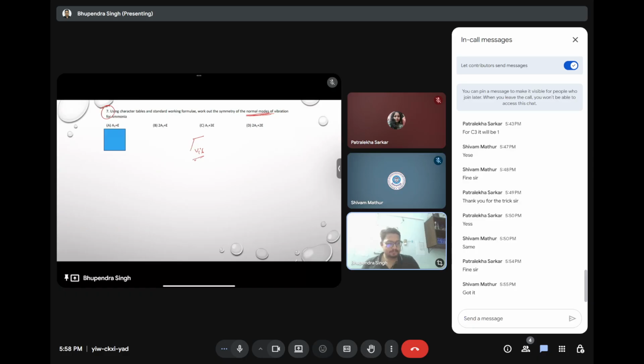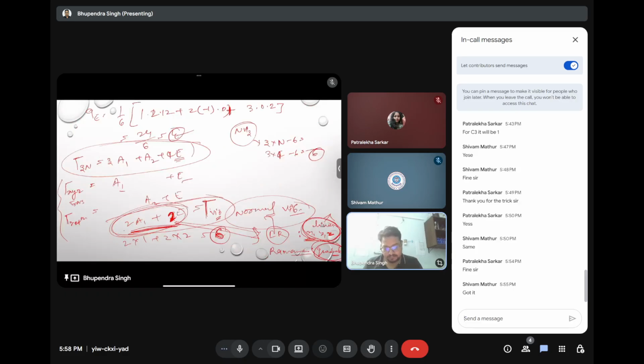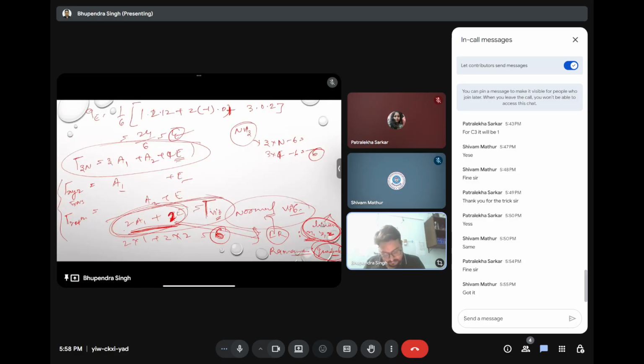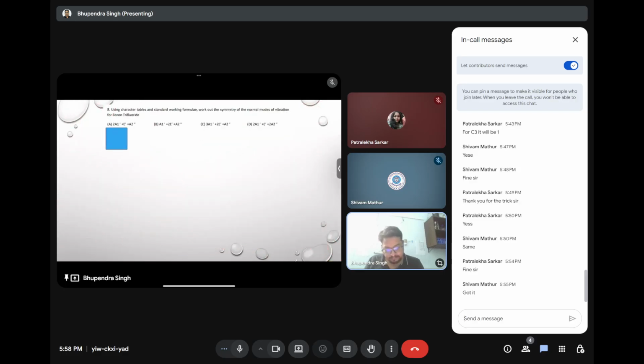So for this question number 2, these are your total normal vibrational modes. So in total we have found 6: 2a1 plus 2e. This is your answer, I think.